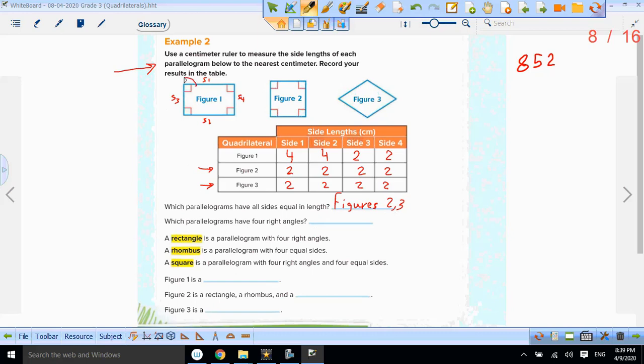Look at the right angles. You will find in figure 1 4 right angles, and also figure 2 has 4 right angles. So we found the 4 right angles in figures 1 and 2.